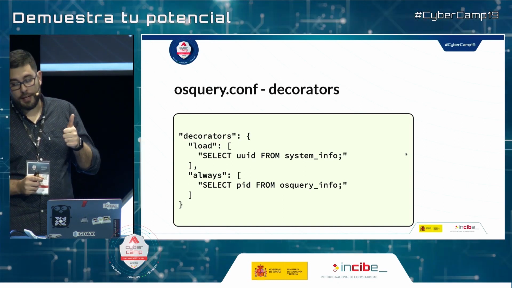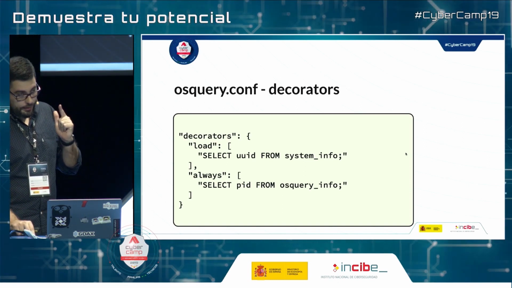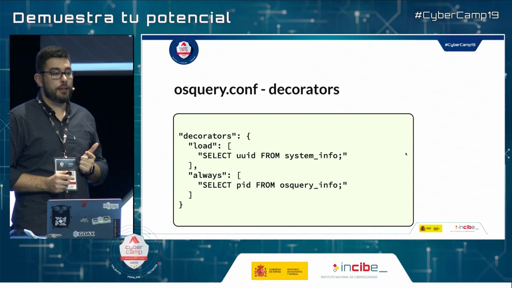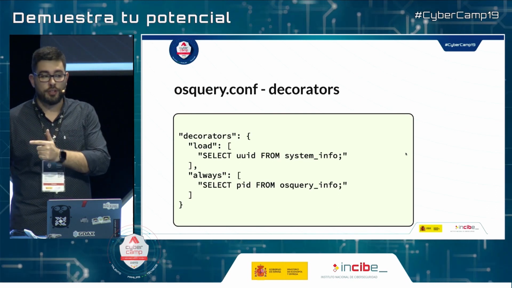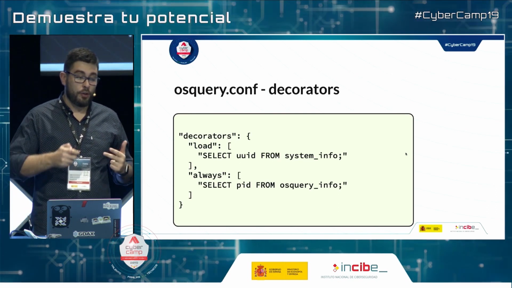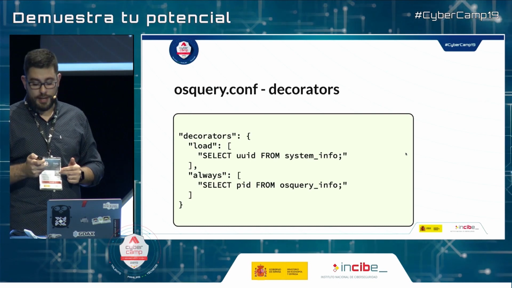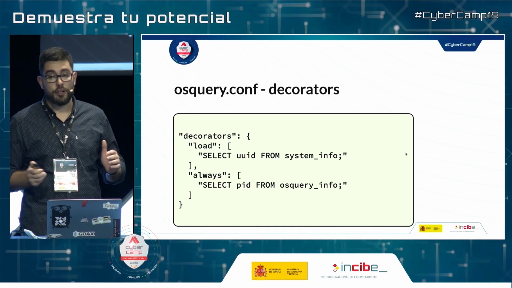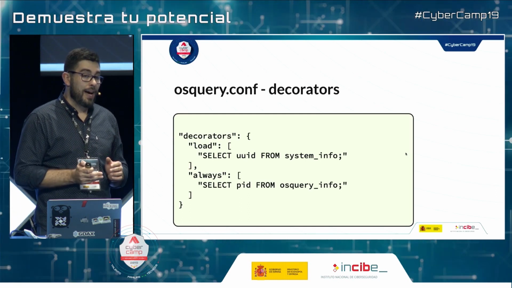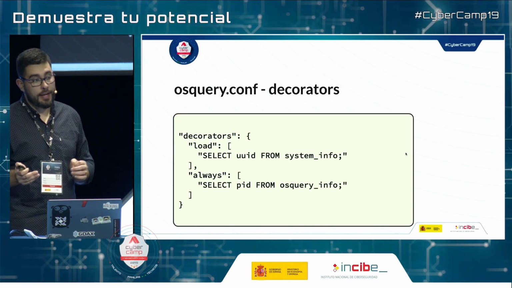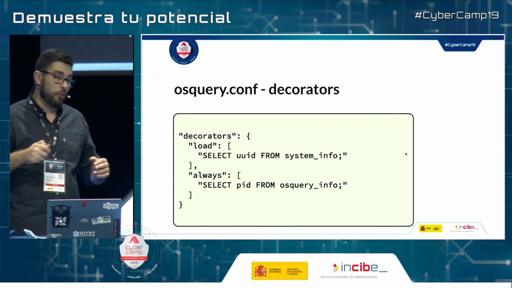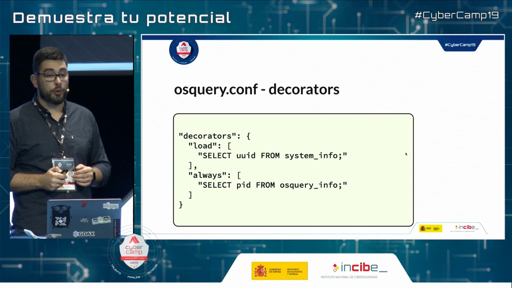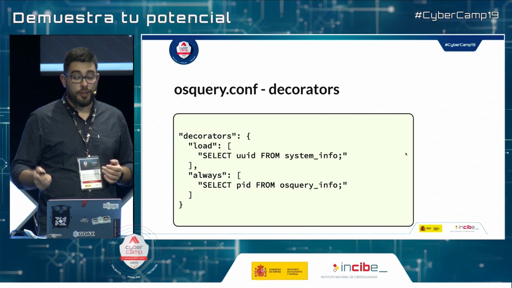So we've talked about configuration options. We've talked about the schedule for scheduled queries, where they are, the intervals. And now we're going to talk about another part of the configuration, which is the decorators, which is basically information that you add to the results of the queries that osquery is either storing locally or sending to a remote system.